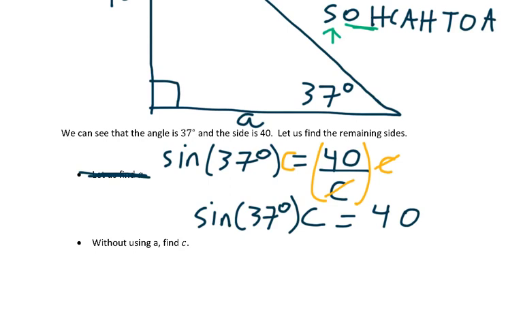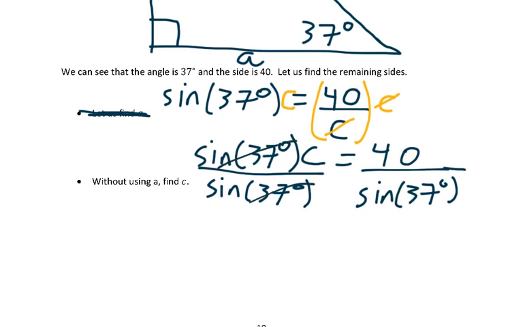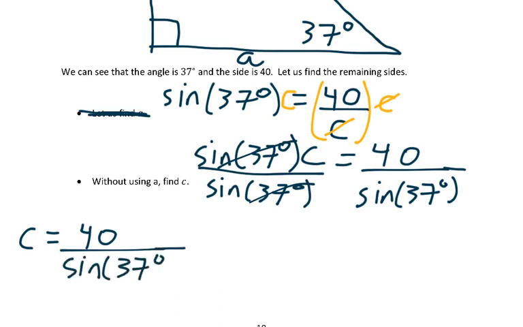Again, we're not quite there, but we're getting there, because now we can just divide by sine of 37 degrees. We want C to be all alone, like so. These cancel, so we get C is 40 over the sine of 37 degrees.